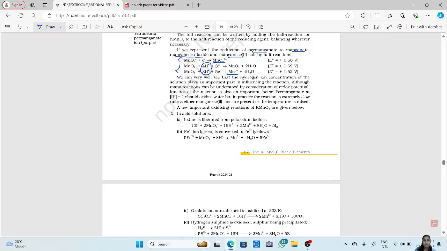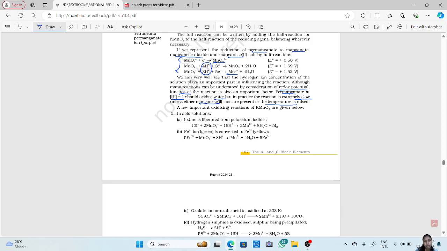Permanganate at H plus equal to 1 should oxidize water, but in practice the reaction is extremely slow unless Mn2 plus ions are present or the temperature is raised. When you heat it, the speed will increase, or if manganese 2 ions are present, the reaction will be faster.